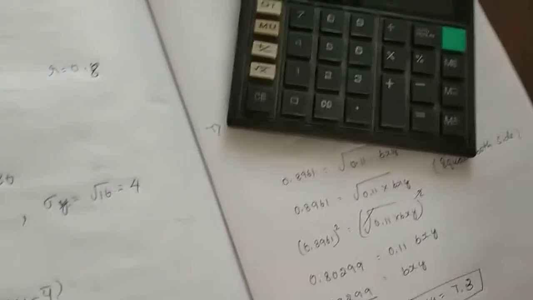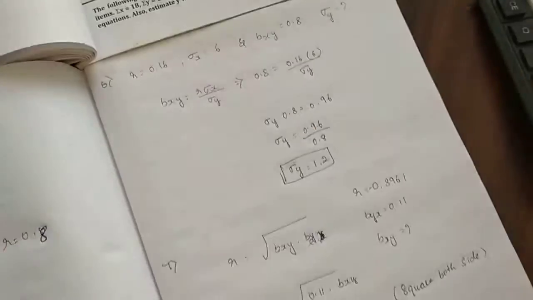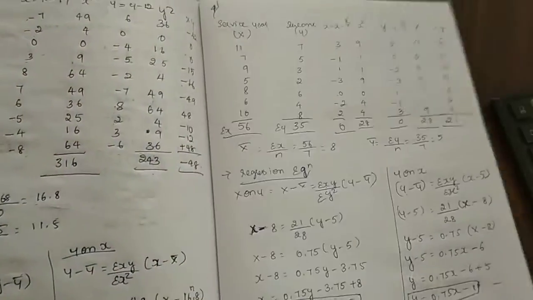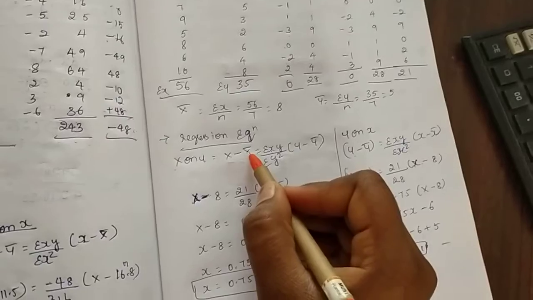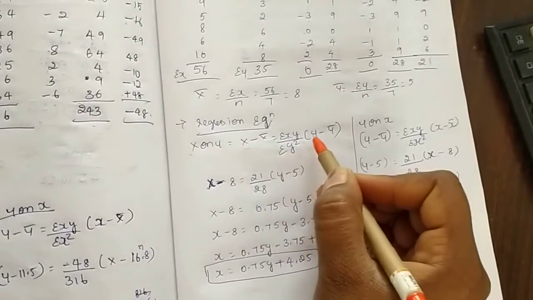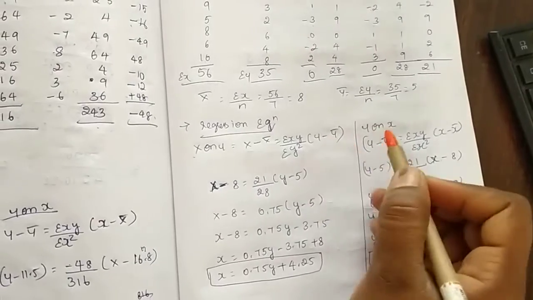So when they give the regression equations, the formulas can be confusing. When they give the regression equation of x on y and y on x, you have to write these formulas. X on y: x minus x bar is equal to sigma xy divided by sigma y square into y minus y bar.